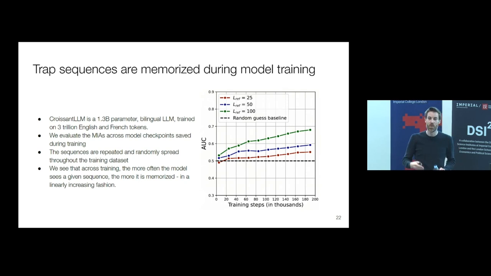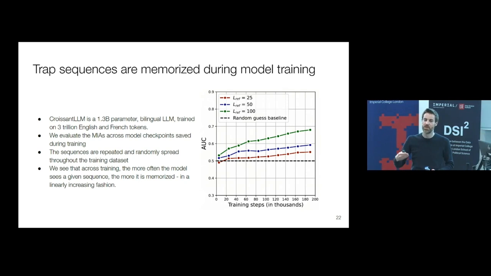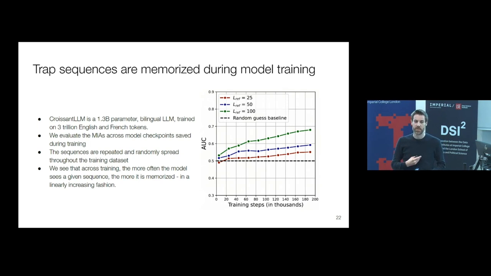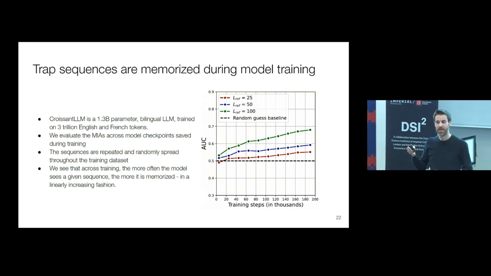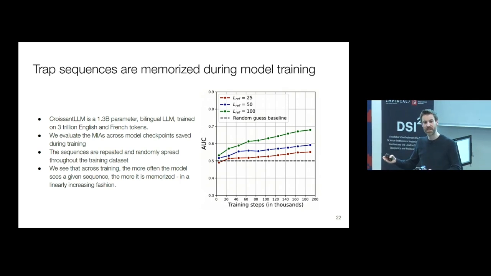You can see that the more the sequence is seen, the more the model remembers it. This is exactly what we expect. We keep telling the model the same specific sentence, and as the model sees it more and more, it remembers it more and more.